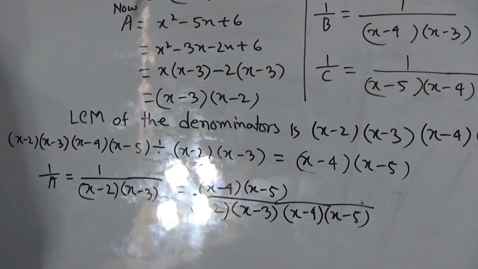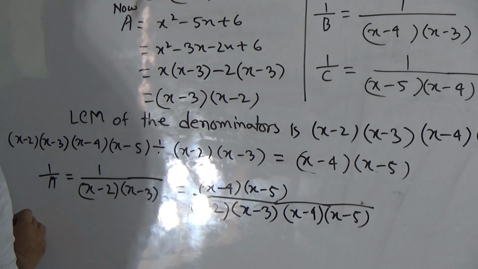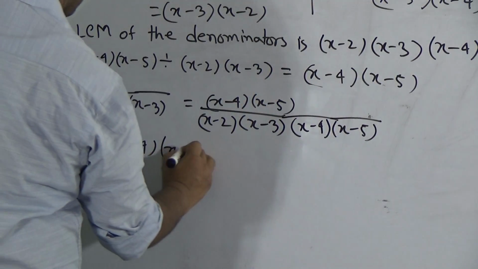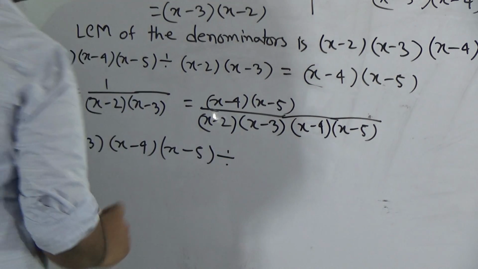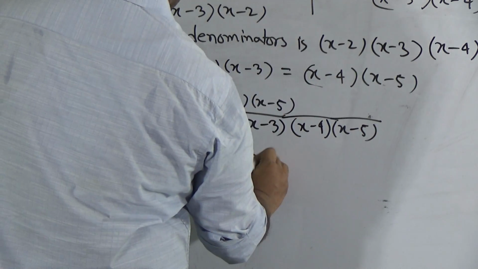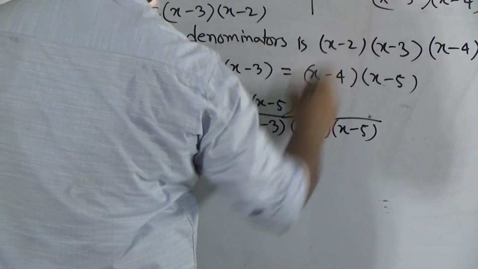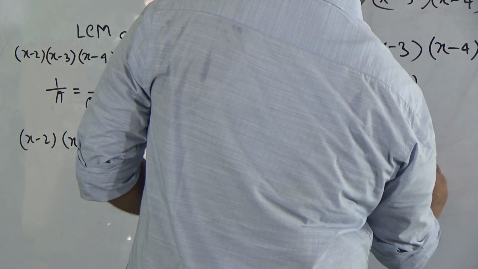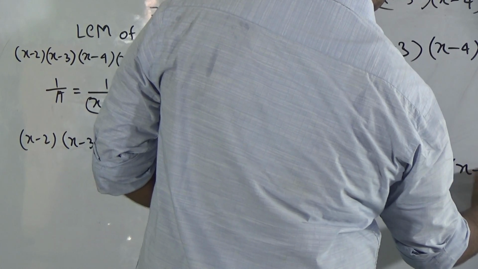Similarly, we divide x minus 2, x minus 3, x minus 4, x minus 5 by x minus 4, x minus 3, the denominator of the second fraction, and here left x minus 2 and x minus 5.